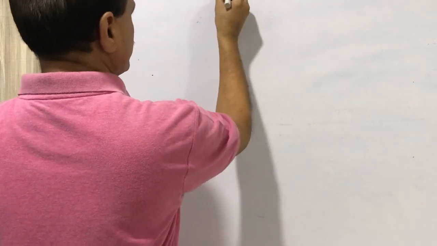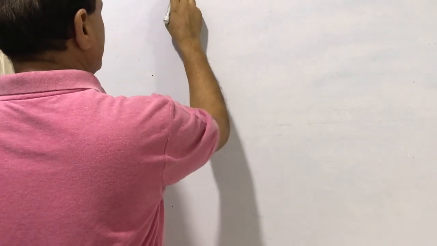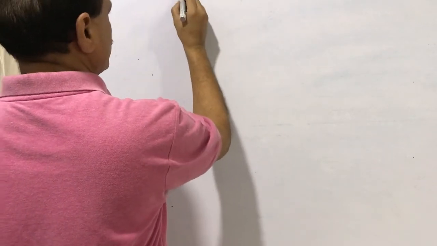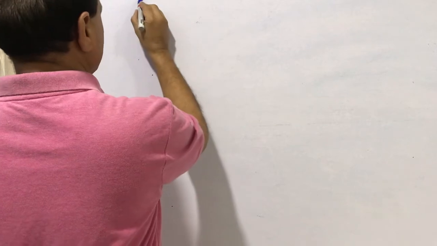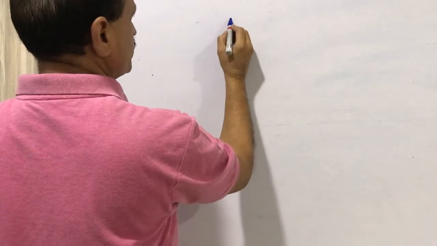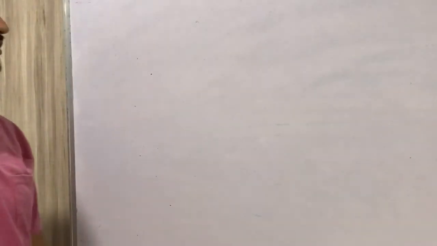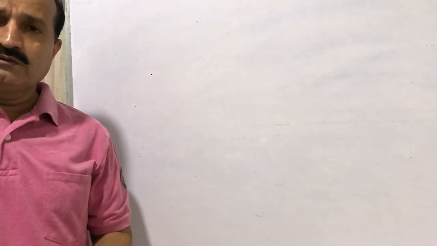So you are given the percentage of elements in the compound. Clear? Carbon is 54.55, hydrogen is 9.06 percent, and oxygen is 36.39 percent. The percentages are given, and you have to find the empirical formula and molecular formula.